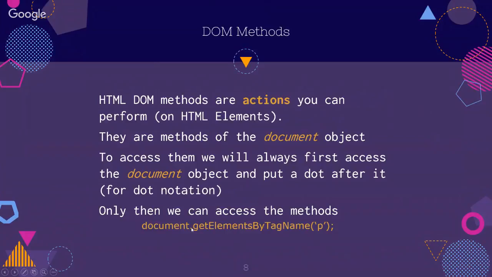And after we've done that, we are free to select anything we want from the document object. In this case, the getElementsByTagName method. And that's how we're going to get all methods and properties of the document object. Remember that the document variable that stores the HTML tree is supplied to us by the browser once the DOM construction process is complete.